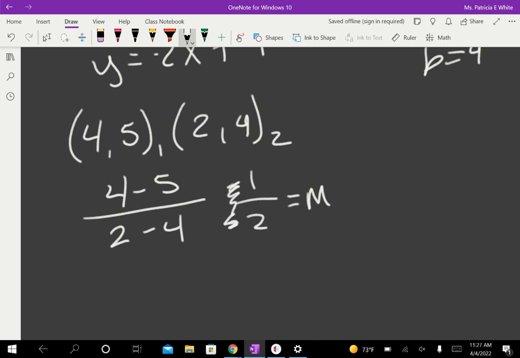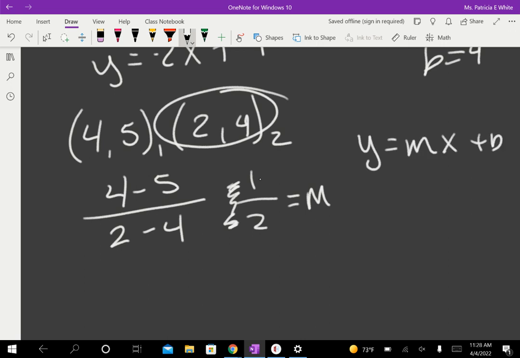What point do you want to use to solve for b? So what should we write? What's my y? 4 equals 1/2 times 2 plus b. What's half of 2? So 4 equals 1 plus b.